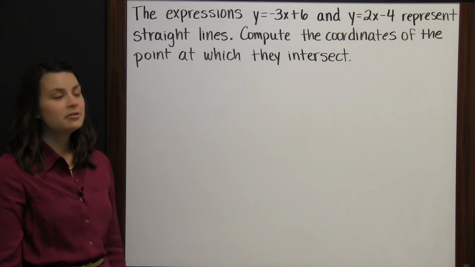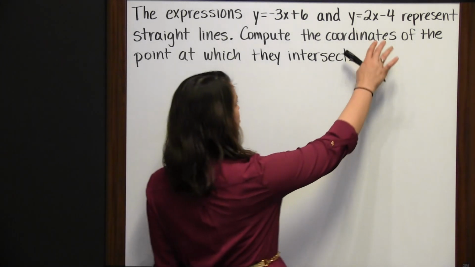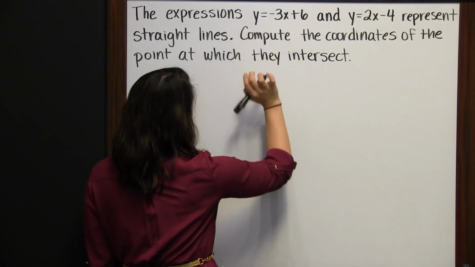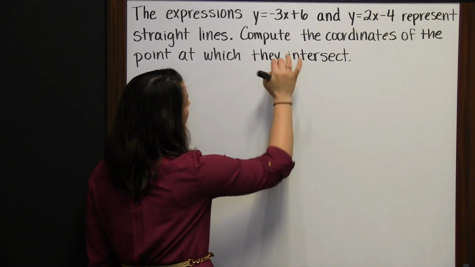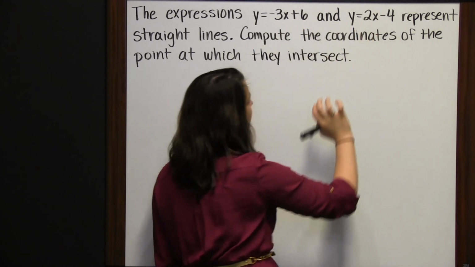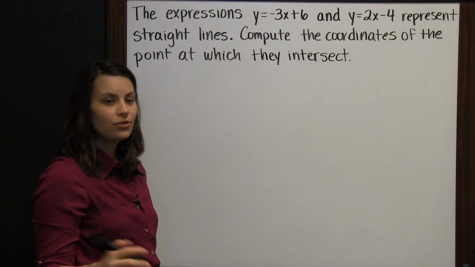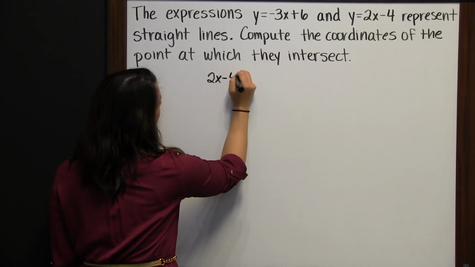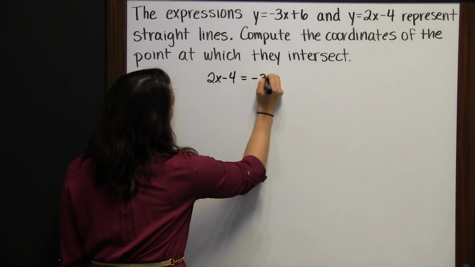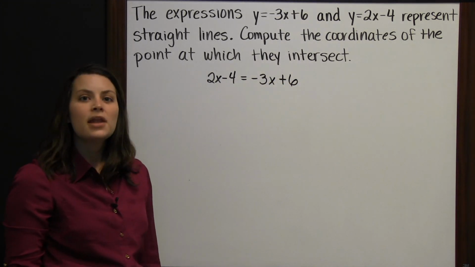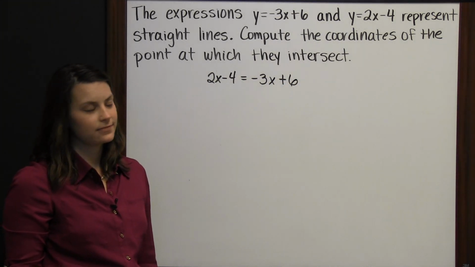This can be done by substituting 2x minus 4 for y in our other expression, or by substituting negative 3x plus 6 for y in this expression. Either way, the result is 2x minus 4 equals negative 3x plus 6. Now we need to solve for x.